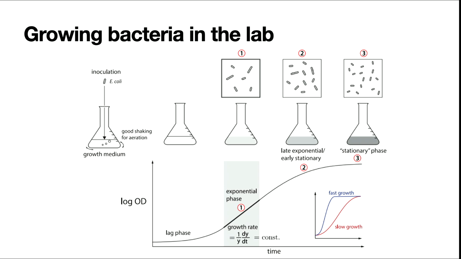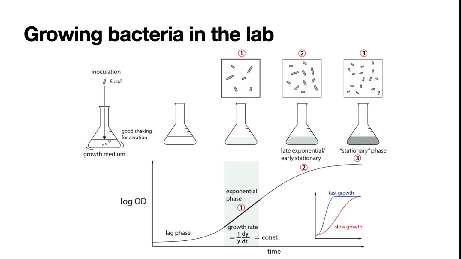You have some medium, you put in some nutrient, some source of energy, and you inoculate some bacteria of a known species. Then you have this flask, and you shake it, perhaps to make sure oxygen is there, and then you wait. For instance, you can see that your flask becomes more and more turbid because things are growing.